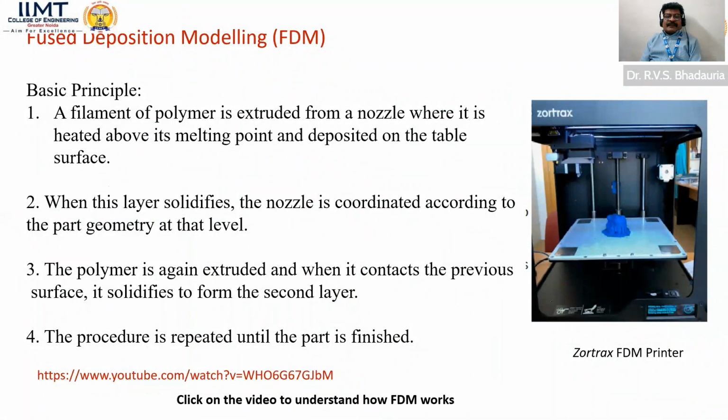When this layer solidifies, the nozzle is moved according to the part geometry at that level. The polymer is again extruded, and when it contacts the previous surface, it solidifies to form the second layer. The procedure is repeated until the part is finished. This is like an iterative method in mathematics.